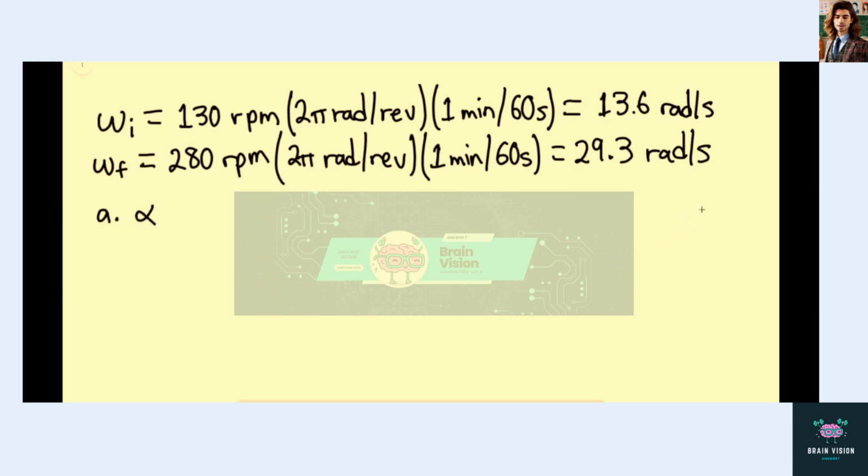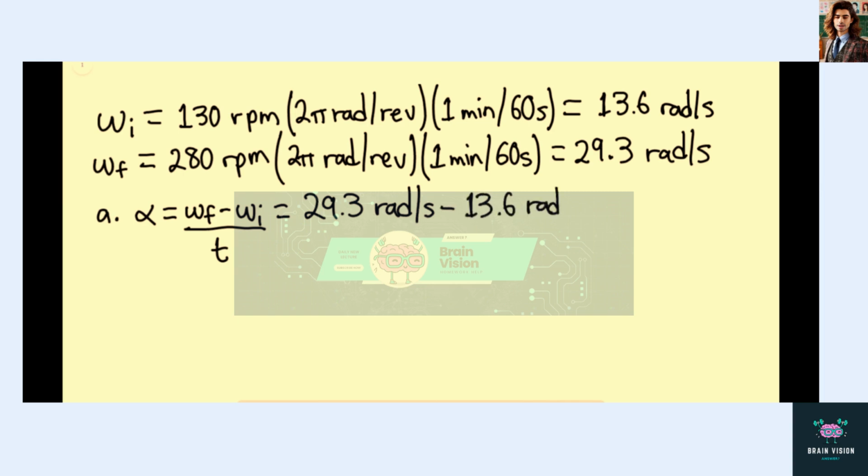So the angular acceleration would be equal to the final angular velocity minus the initial angular velocity divided by t. This would equal 29.3 radians per second minus 13.6 radians per second, divided by the time it takes to get to 29.3 radians per second, 4.0 seconds.